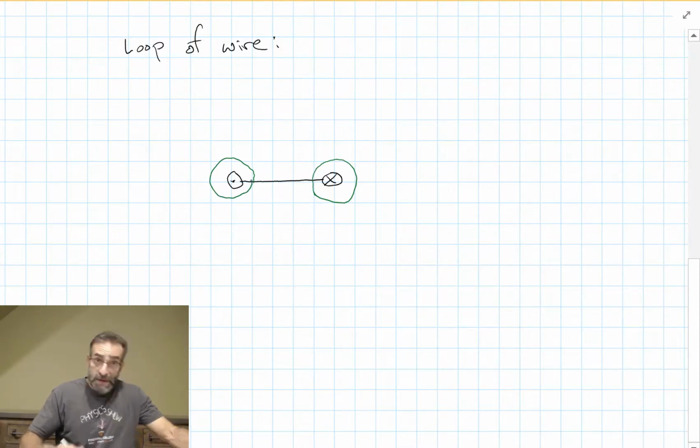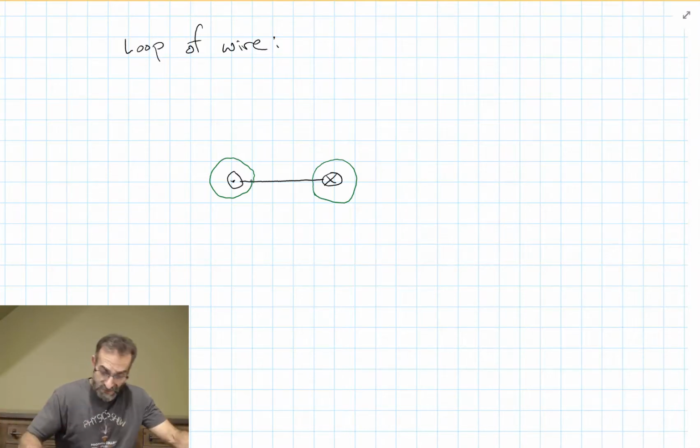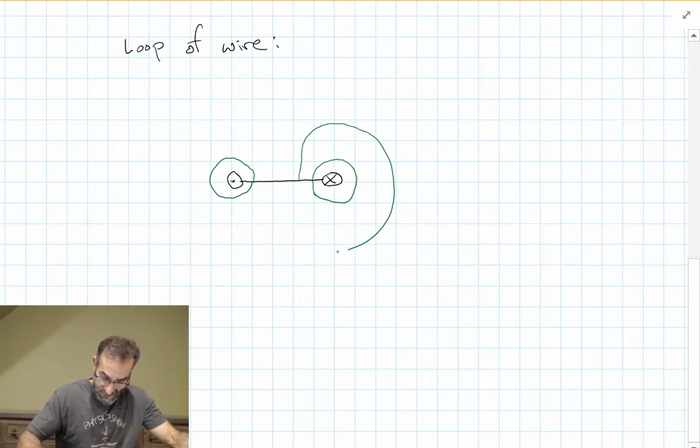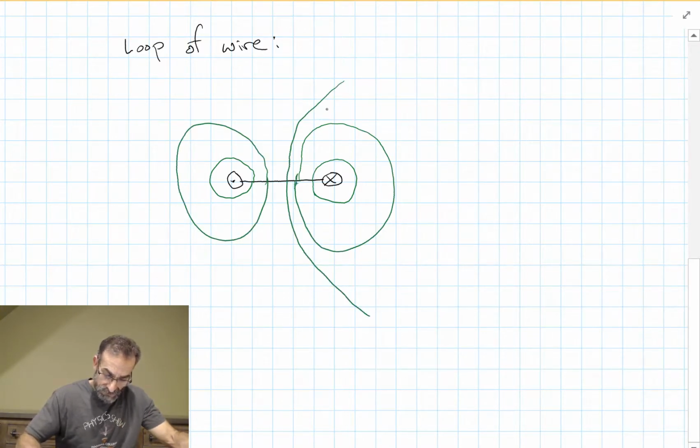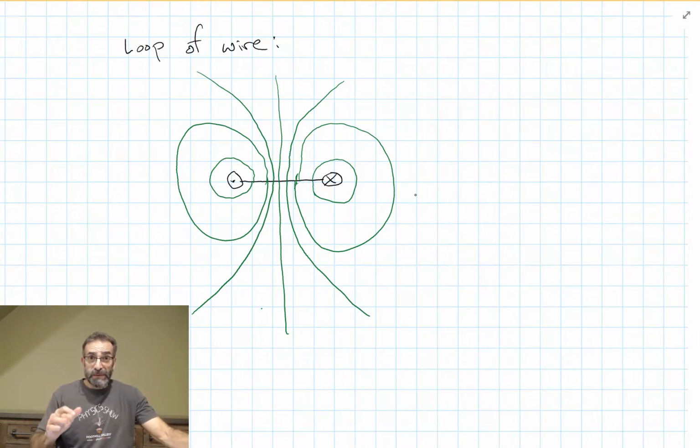And as we move away from the wire, that magnetic field will get weaker and weaker, we would expect. So the magnetic field lines should look something like this. We just don't know what direction they point.